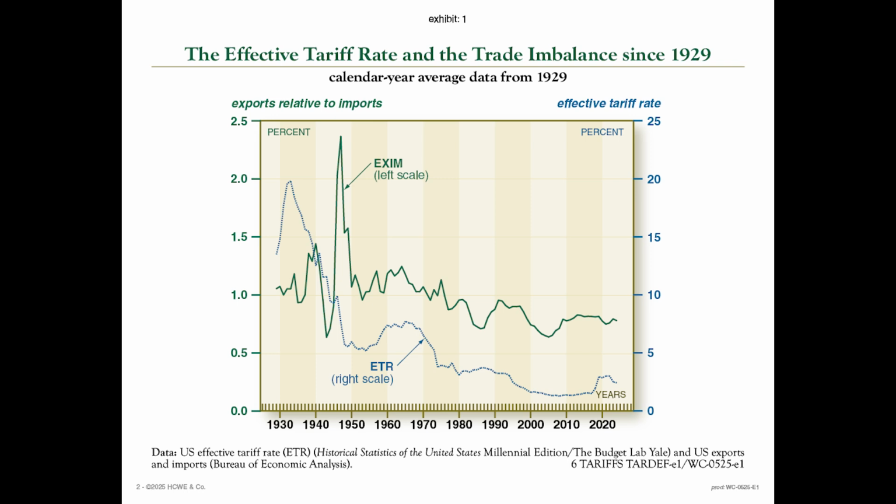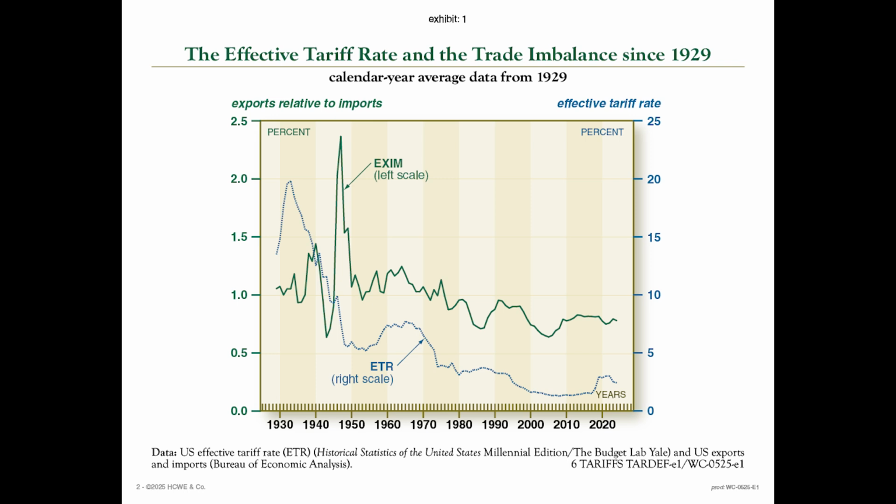You see that the effective tariff rate reached a peak around 1932 or 3, and then fell dramatically down to a low level in 1950, partly as a result of the Great Depression, partly because the tariffs were recognized as a mistake.